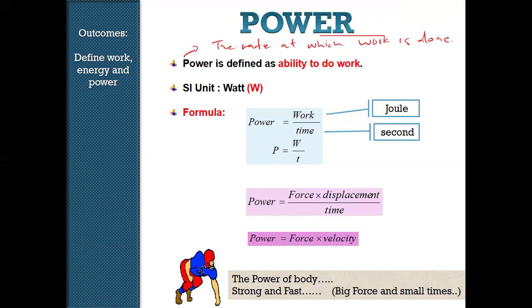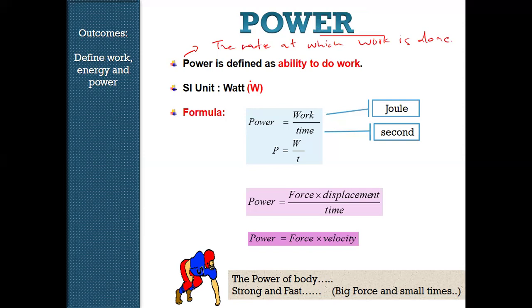When we apply work on a trolley, there is a specific time over which that work is applied. If we have work and the time at which the work is being applied, we refer to that as power.